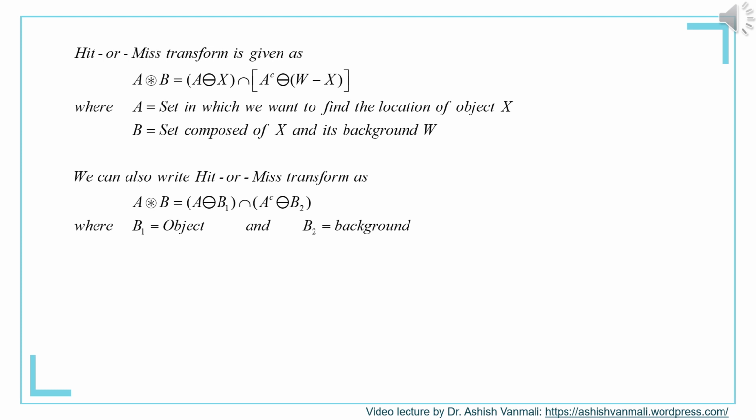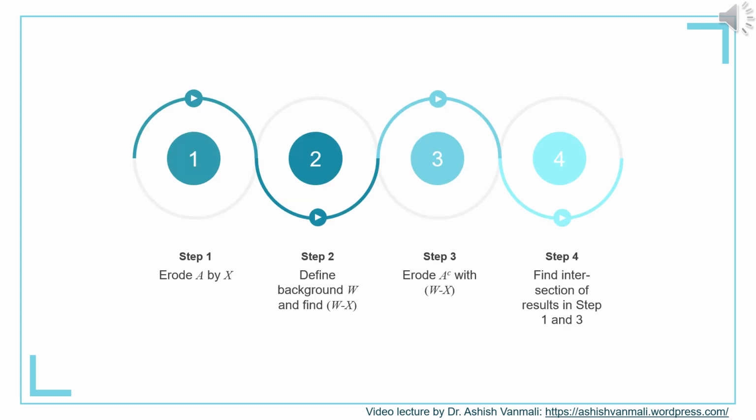Now in this particular case, they have given us only one single structuring element. Hence, when we solve this problem, we will be using the first definition instead of the second definition which we used in the earlier problem. When we use the first definition, we have a total of 4 steps to follow.